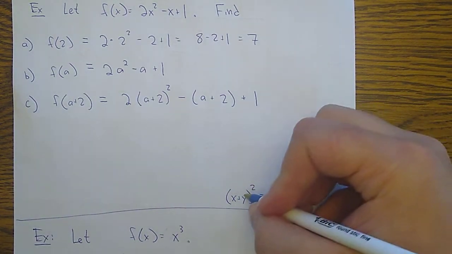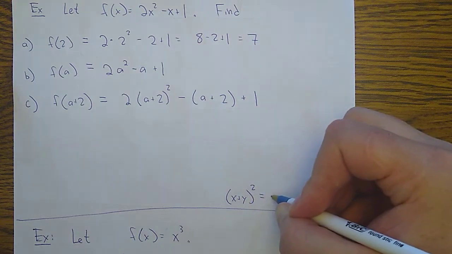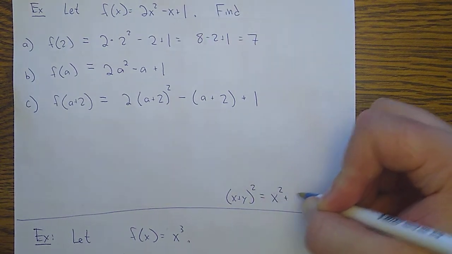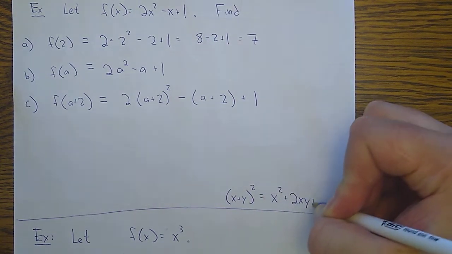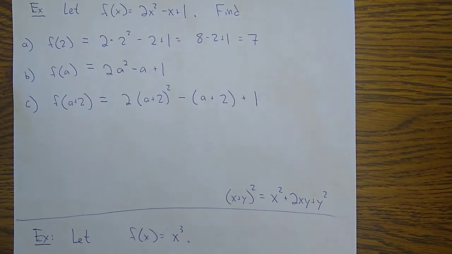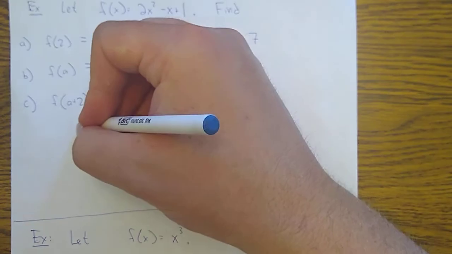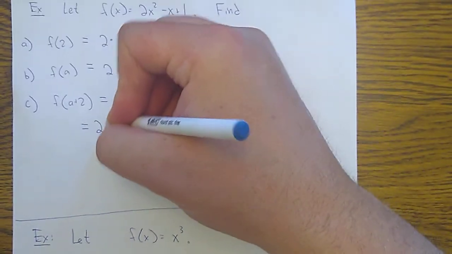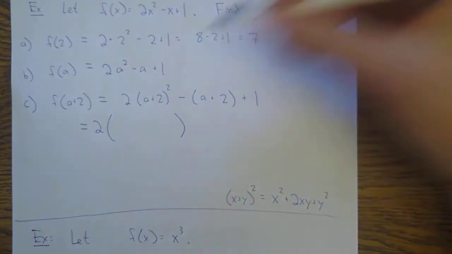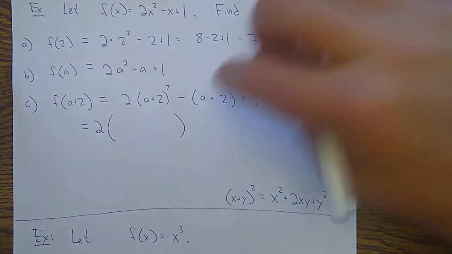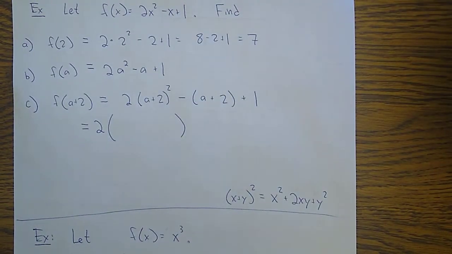To square something like this, like x plus y squared, you should remember how to do this. It's x squared plus 2xy plus y squared. So when I square this, I'm going to keep the 2, I'm going to keep the parentheses, and I'm just going to write down what this squared is.